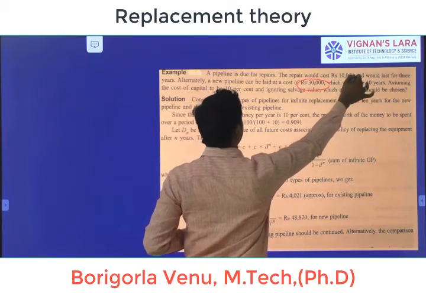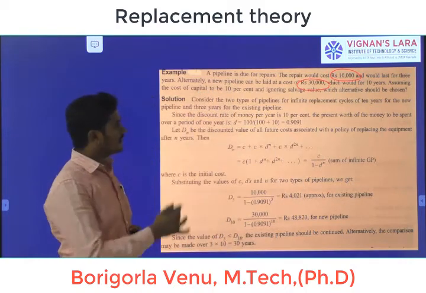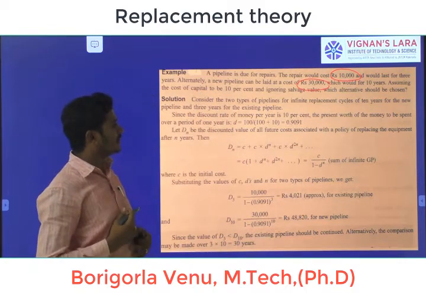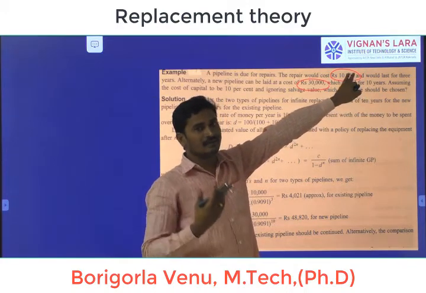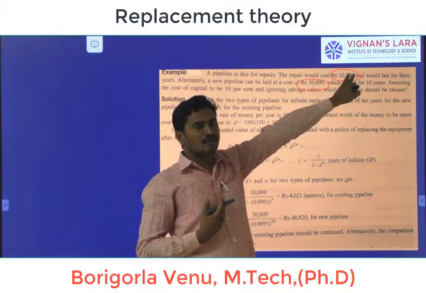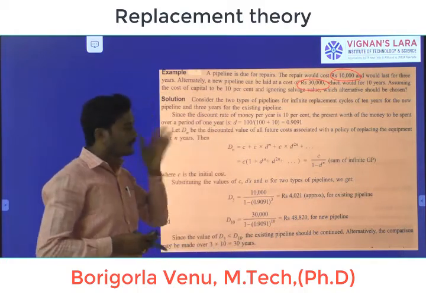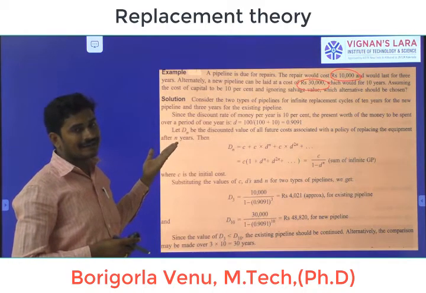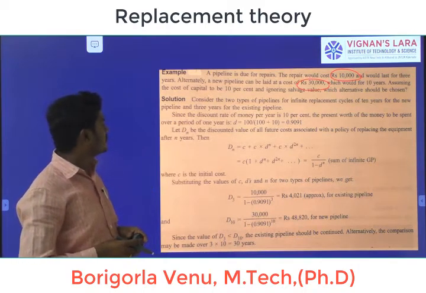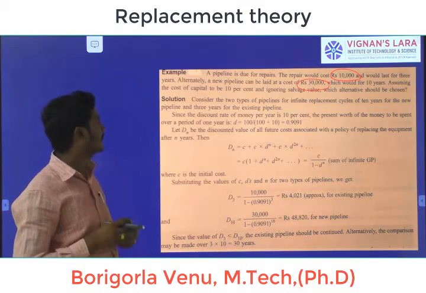But coming to the old one, every 3 years we are going to expend 10,000 rupees. If we come to 10 years, it may exceed, around 35,000 it will take. So here we are going to calculate the repair cost or present worth factor, or the year in which we are going to replace. Those we are going to calculate here.